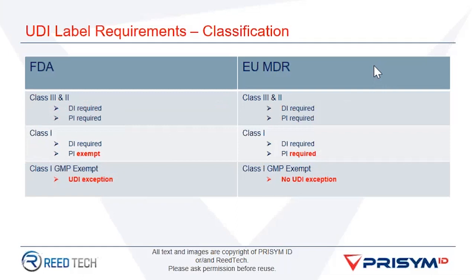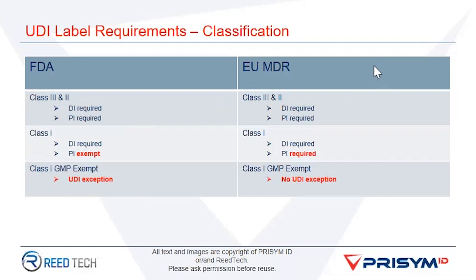So another area which can end up impacting not only existing companies, but actually bringing more companies into needing to comply with these UDI regulations is what class of product you're using.